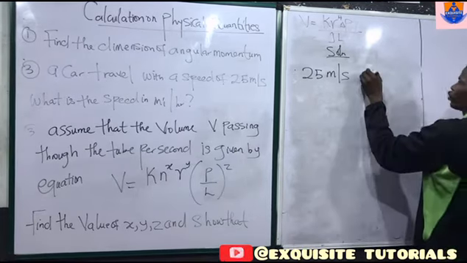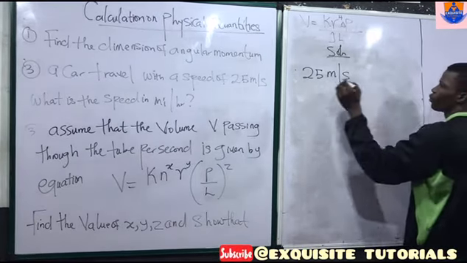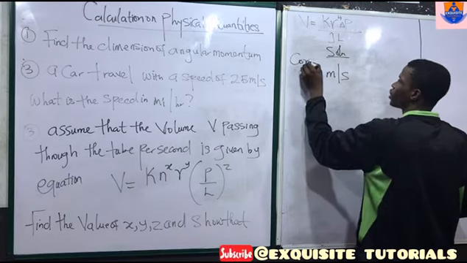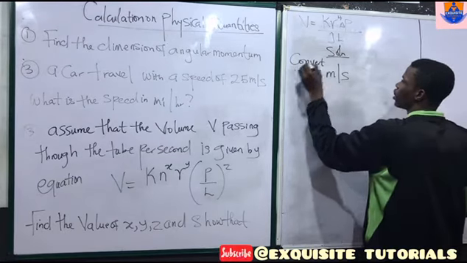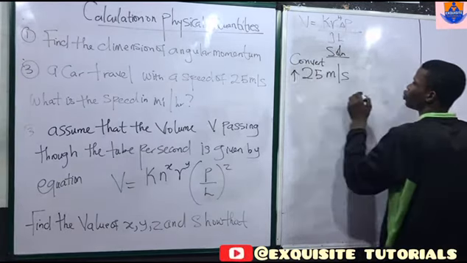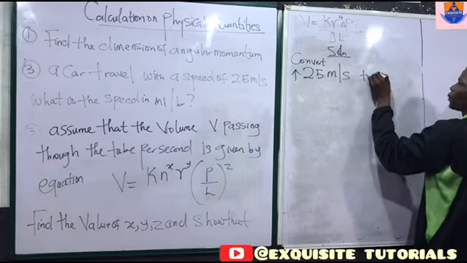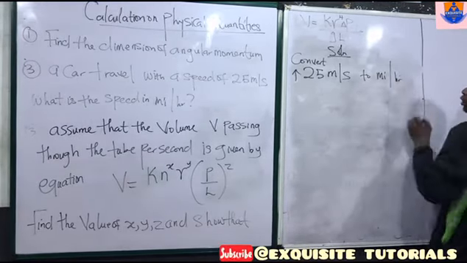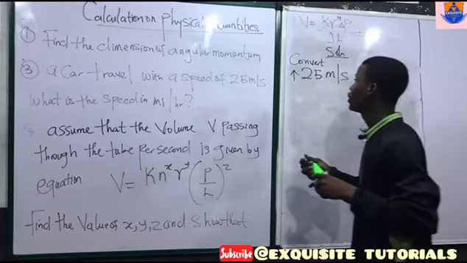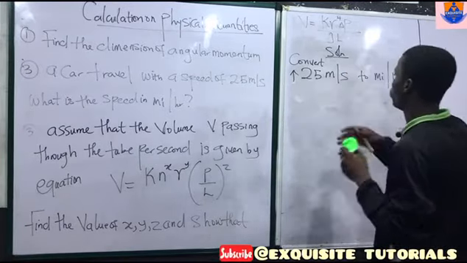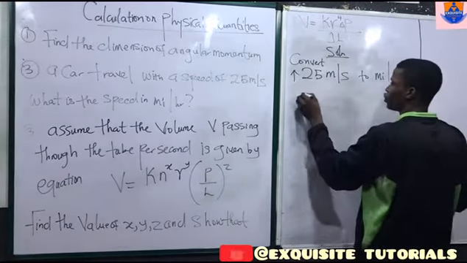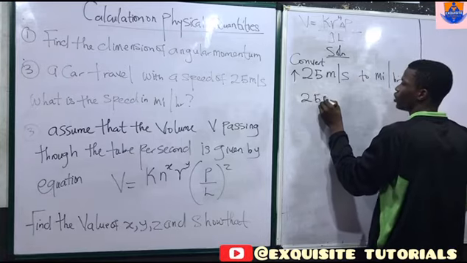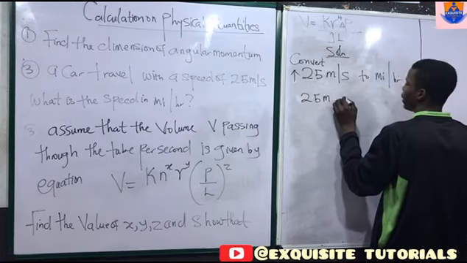So we have to convert this to miles per hour. First of all, we'll convert our 25 meter to mile.